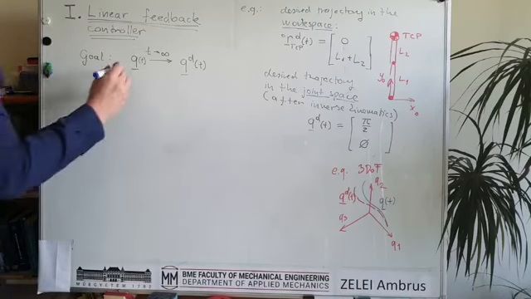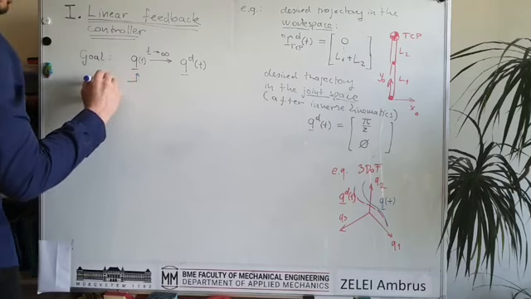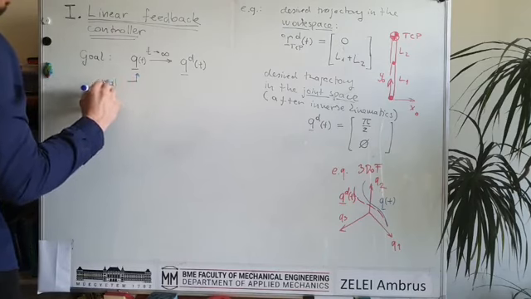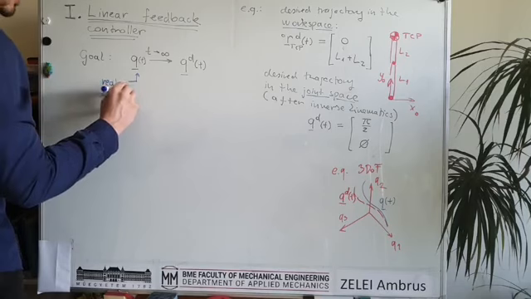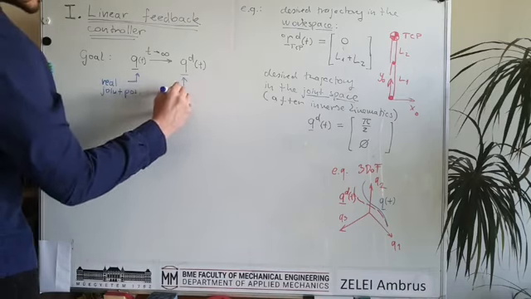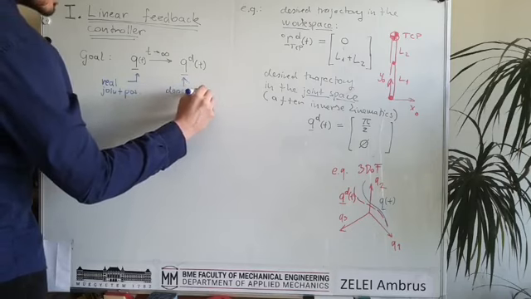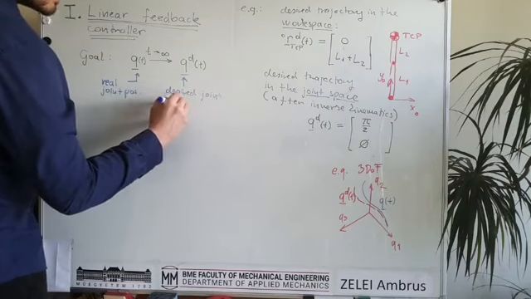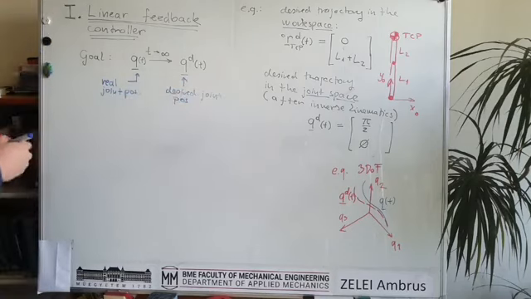Okay, again we say that these are the real joint position, and this is the desired joint position, and they should converge to each other.